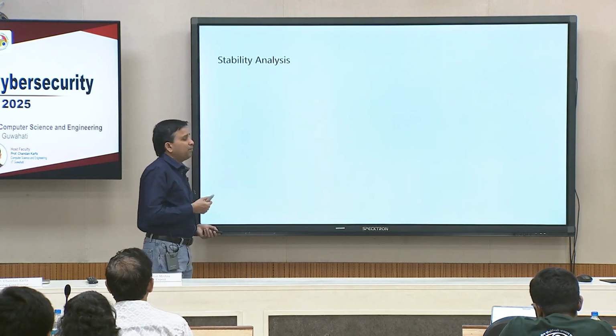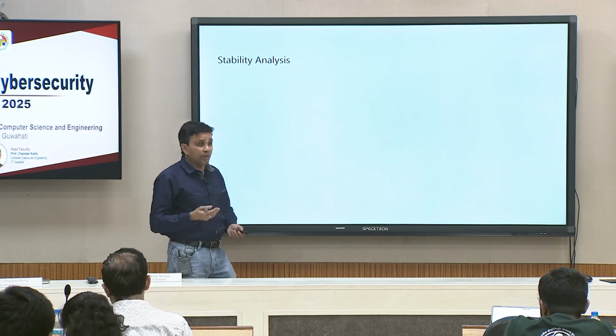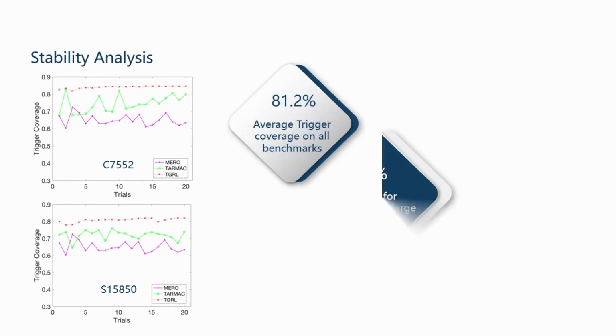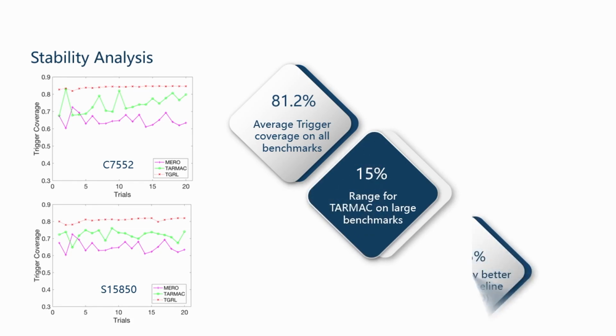Another aspect that is important, specifically for any AI algorithm, is stability. When you run on different benchmarks, with different trials, even if you are doing random test generation, you start with a different seed. Is the result stable or oscillating? If it oscillates, that is not a good algorithm, even if it relies on random, which is not a problem by itself.